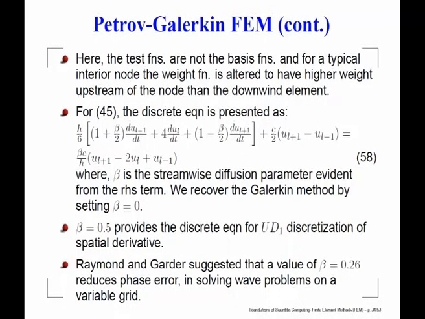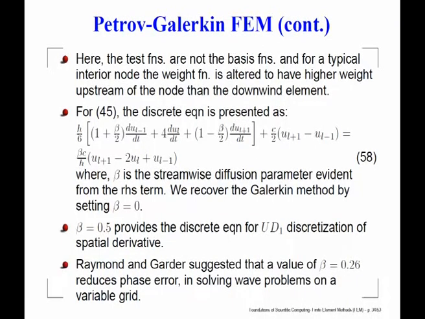That would be written equivalent to u L plus 1 minus u L minus 1 by 2, and then you will have to add this part up, okay. And when you put beta equal to half, you will see that it will exactly match, right. So, you can see that beta gives you an additional degree of freedom to actually use the Petrov-Galerkin method.